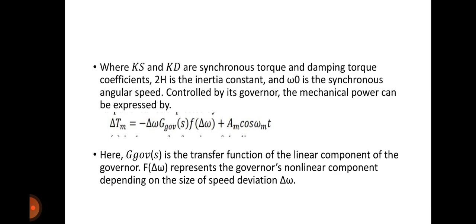F(delta omega) represents the governor's non-linear component depending on the size of speed deviation, and delta omega here is the speed deviation.